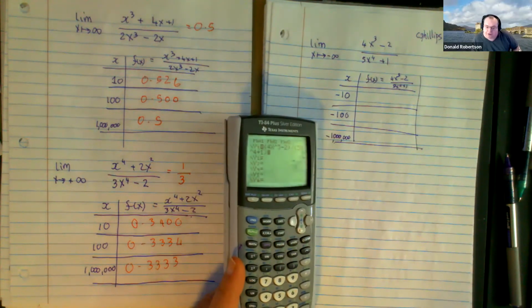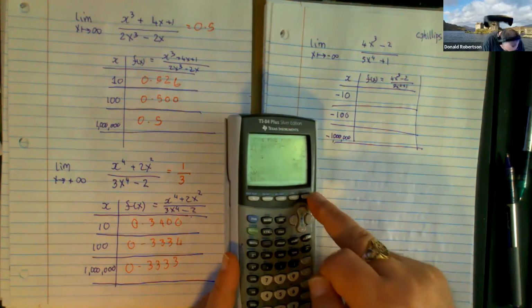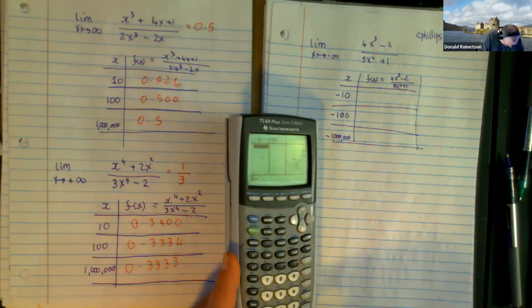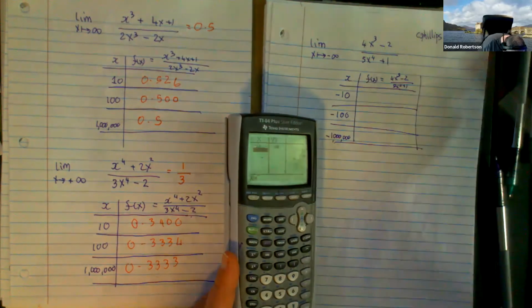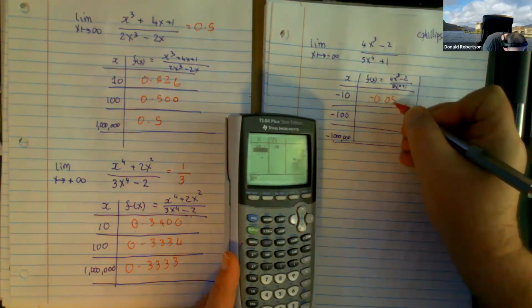Okay, we got this fraction thing going. I should be able to just go to the second table, rub out the other stuff, and put in negative 10. The answer is negative 0.08.